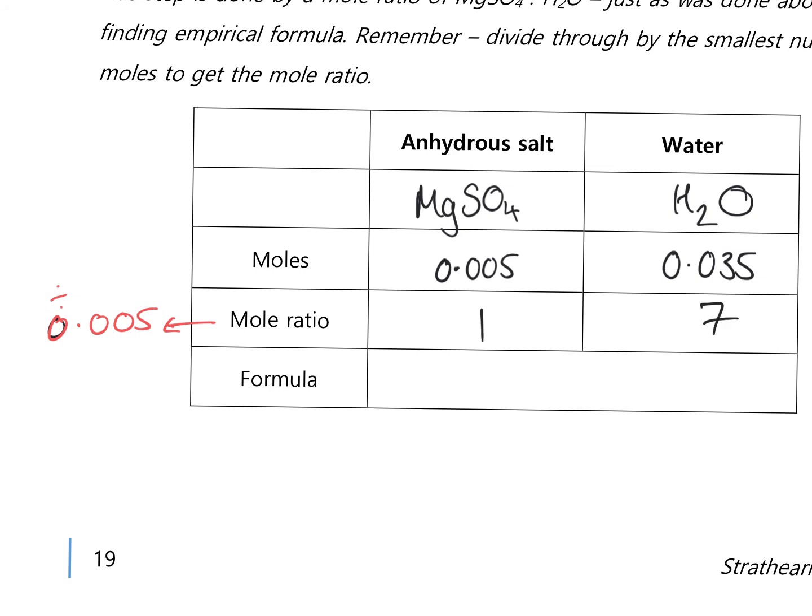And what that means is that there's 7 water molecules for every 1 molecule of magnesium sulfate. So that means essentially X is equal to 7. The final formula of your salt is MgSO4.7H2O. Question asks you what is the value of X. You could just write X equals 7. So you can see from that point on, it's really similar to our empirical formula calculations.